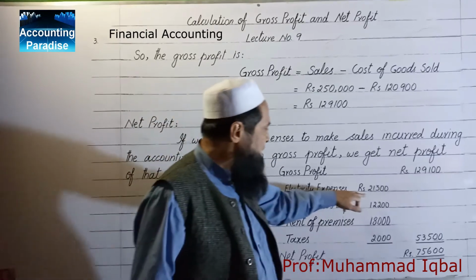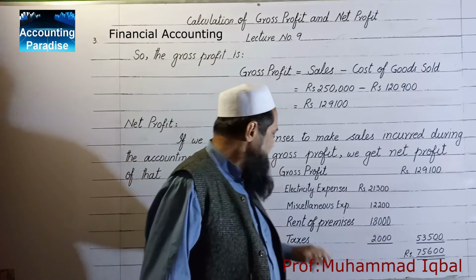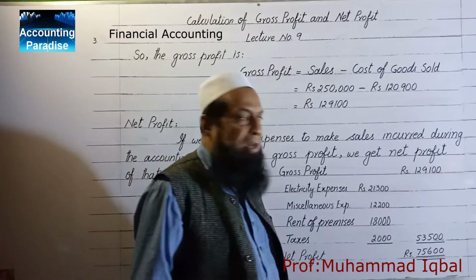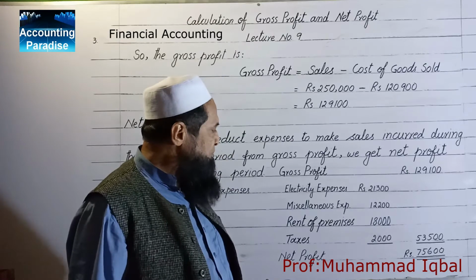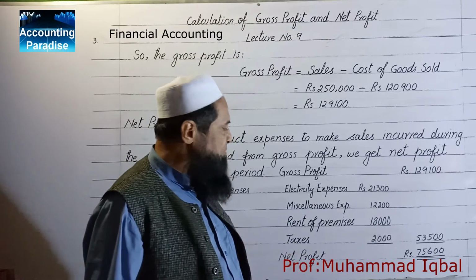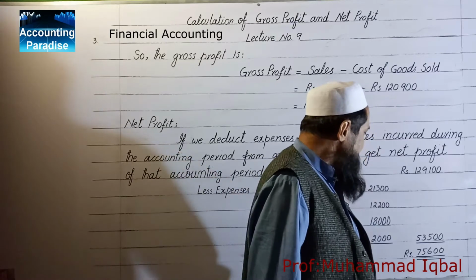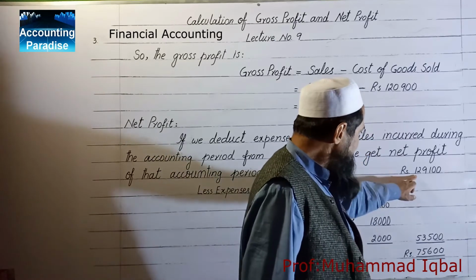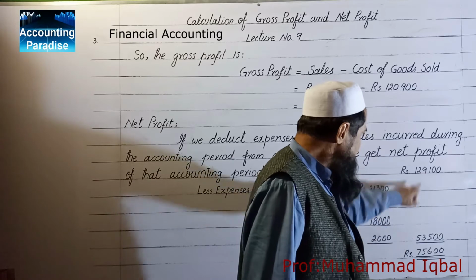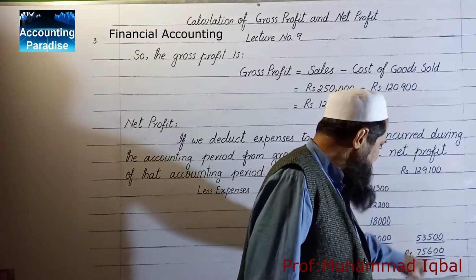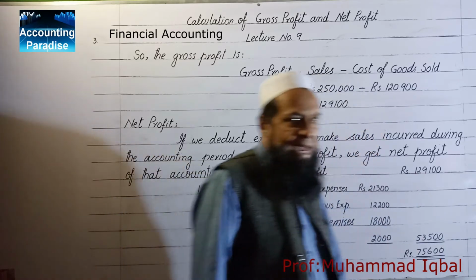Electricity expenses were 21,300, miscellaneous expenses were 12,200, rent of premises 18,000 and taxes were 2,000. The total expenses comes to 53,500. When we deduct these expenses from gross profit, we get 75,600 as net profit.